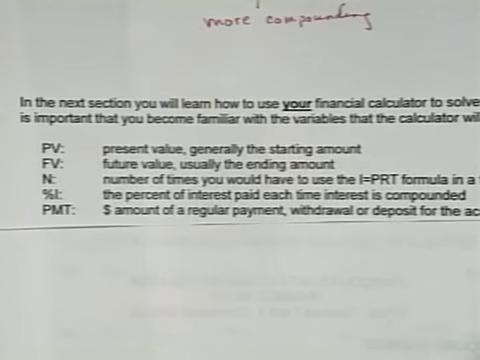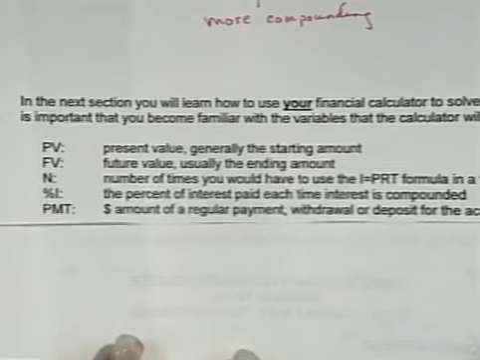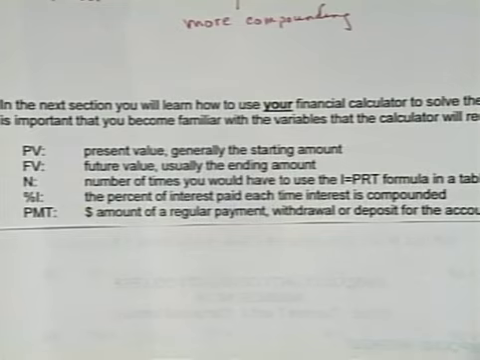Last thing is payment. We are not going to talk about payments until Chapter 8. Payment is the amount of a regular payment. It can be a withdrawal or a deposit into our account. In our stories so far with Matt and Mary, they put money in at the very beginning, and they had money at the end. At no time did we say, and every month Matt adds another $50.